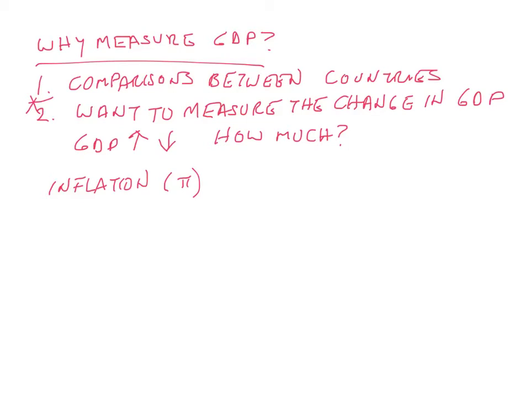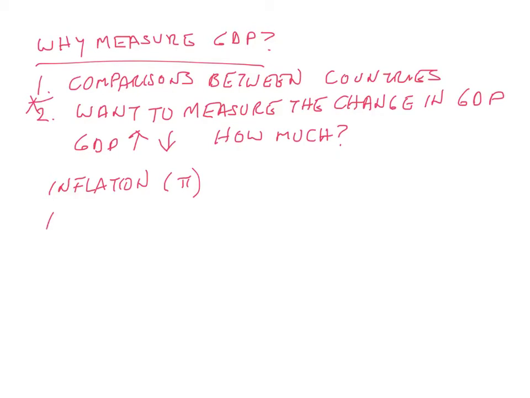If prices are not consistent, then the GDP numbers are not consistent. Remember, we calculated GDP for that small country by adding up apples and oranges, multiplying the quantity of oranges times the price of oranges, and the quantity of apples times the price of apples. Well, what happens if the price of apples changes and the price of oranges changes? It throws a whole wrench into it.